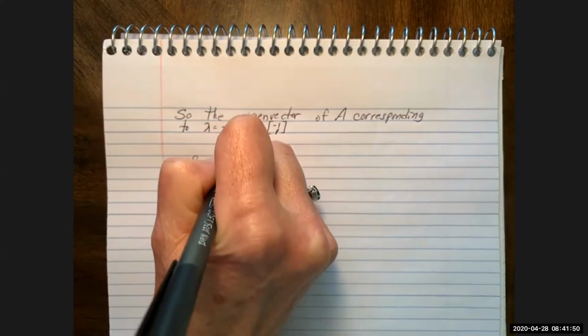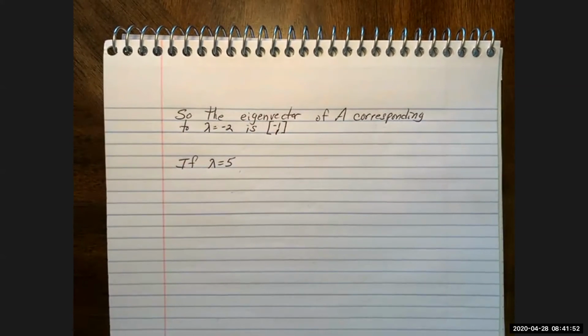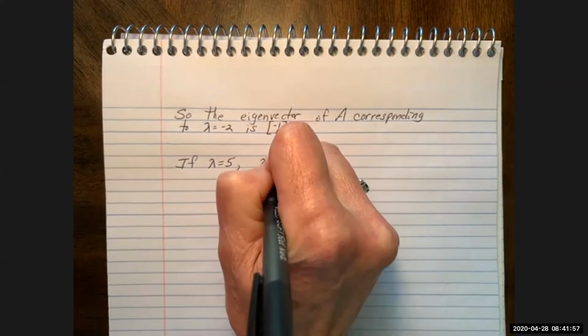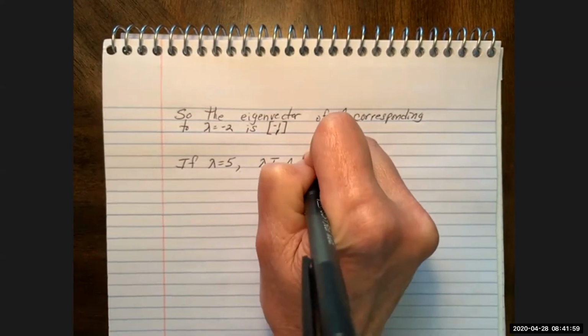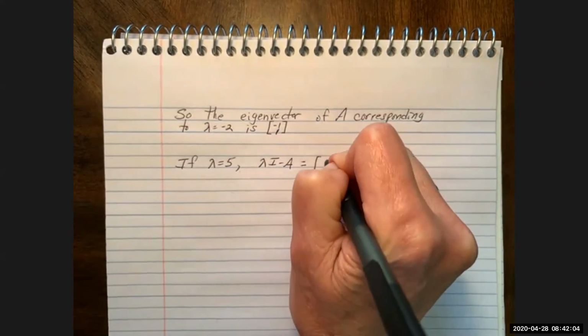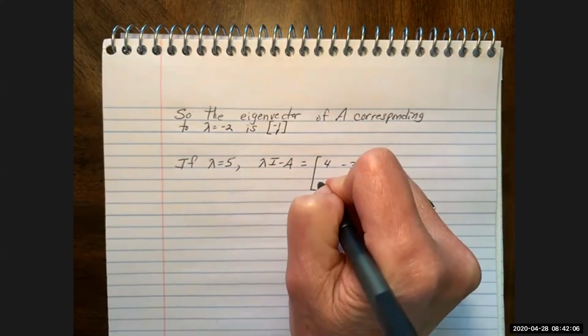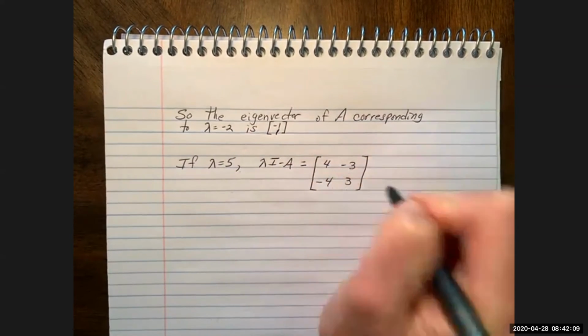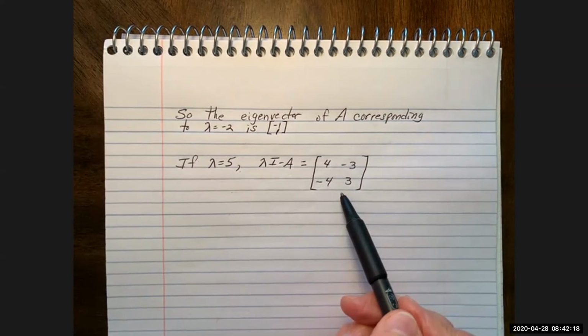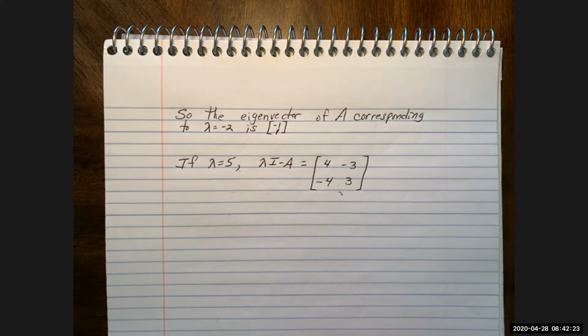So if lambda equals 5 is our second one, anybody not see where that's coming from? Good on that? Okay.